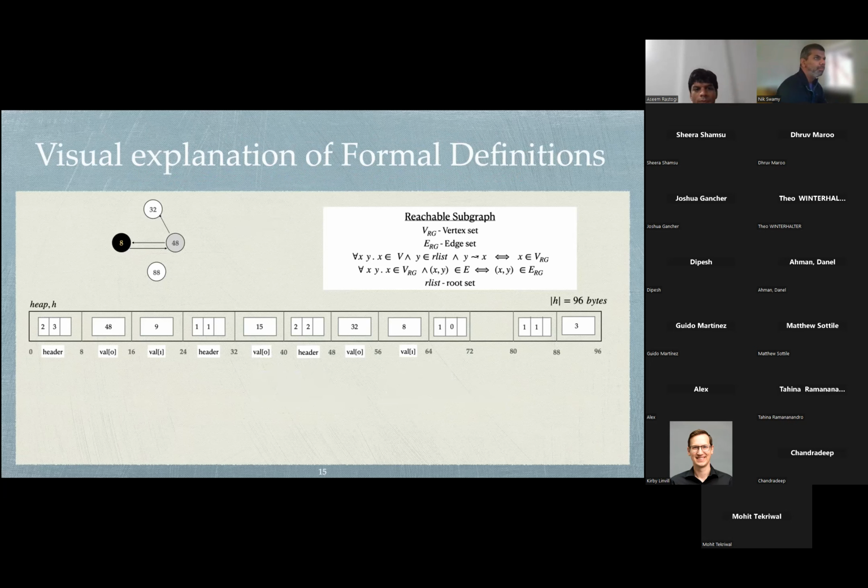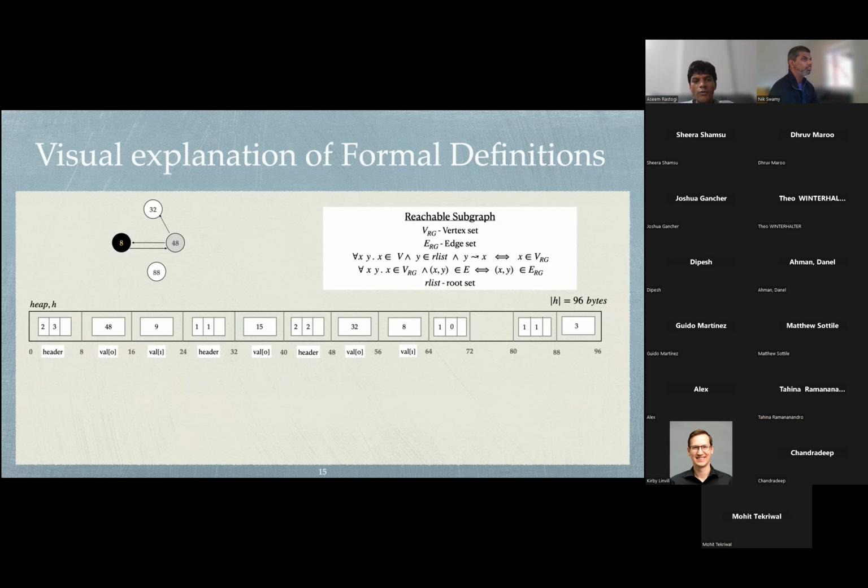My question is around this root set. Is it an input, or are there some indicators in the heap showing which nodes are in the root set? Yes. The root set will be pointing to some objects in the heap, and those objects will be gray in the heap.